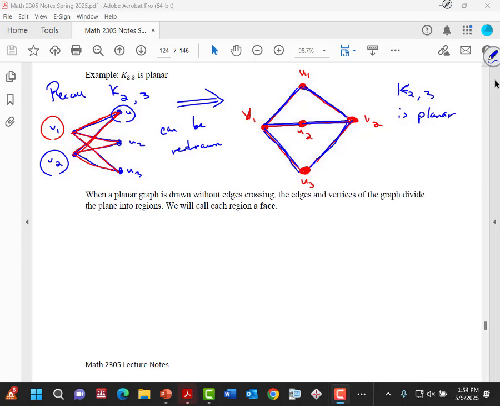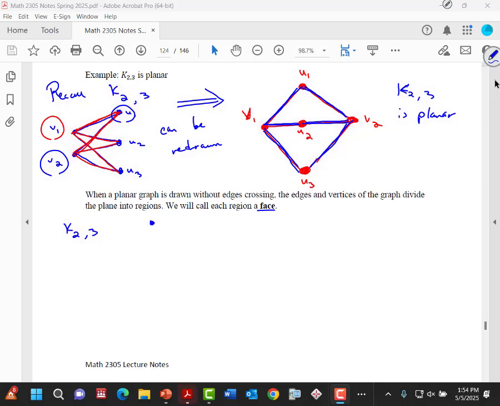Now, when a planar graph is drawn without edges crossing, the edges and vertices of the graph divide the plane into regions, and we call each region a face. So let's take a look at K2,3.